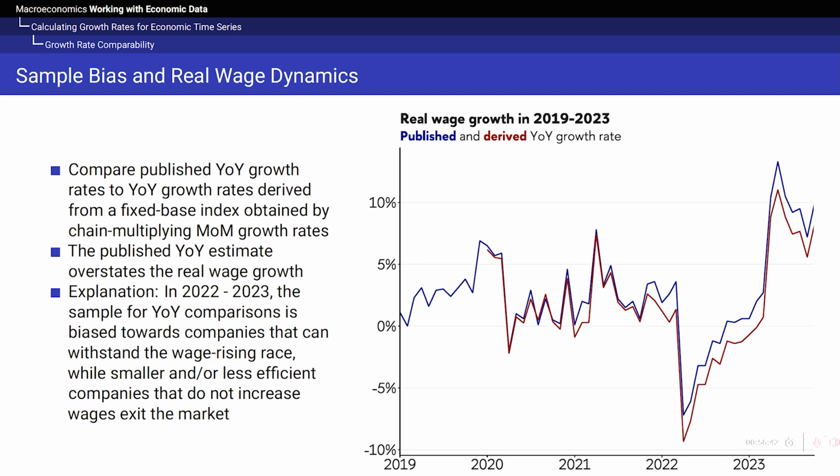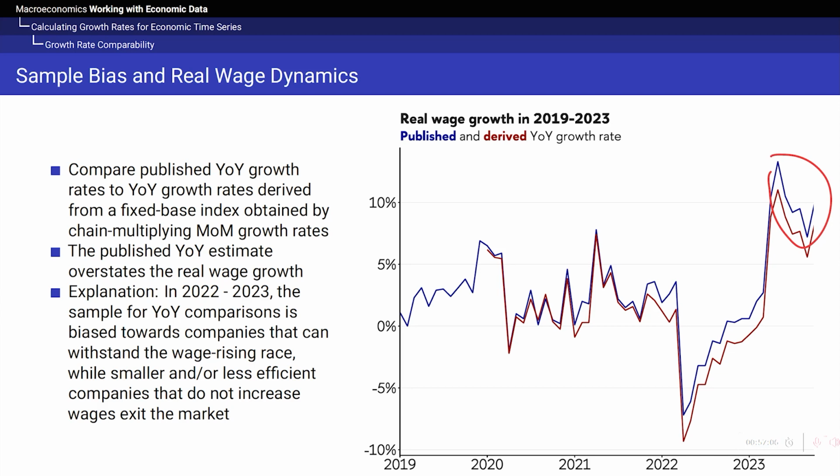These calculated growth rates are plotted as the red line in the graph. We then compare these growth rates to those rates that Rosstat published by itself. As you can see, they are not equal. The officially published estimates overstate real wage growth, especially in 2022 and 23.